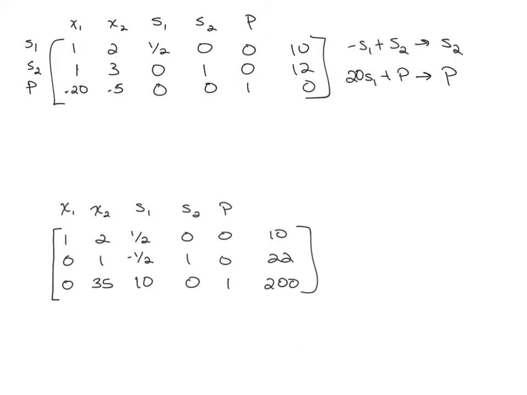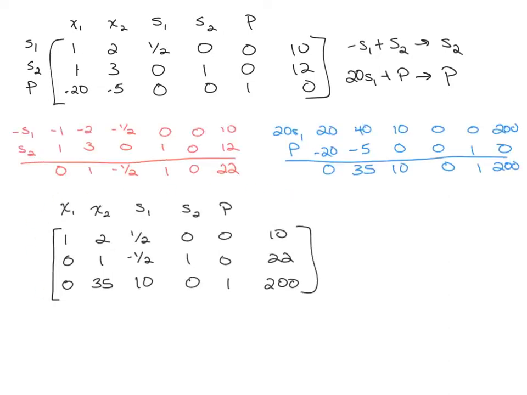Alrighty, here is the new matrix. Did you get this too? I hope so. So here comes an explanation for this new matrix. The first row operation you see here, negative S1 plus S2 will replace S2, looks like this.